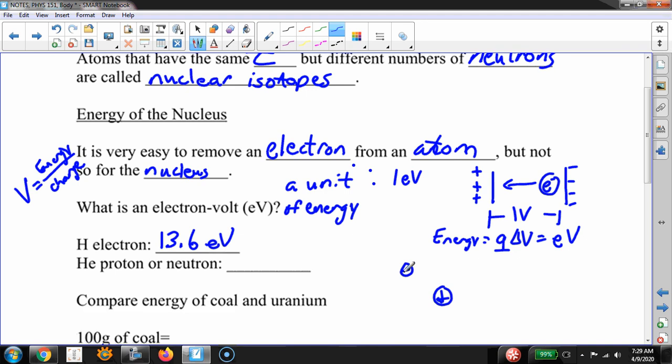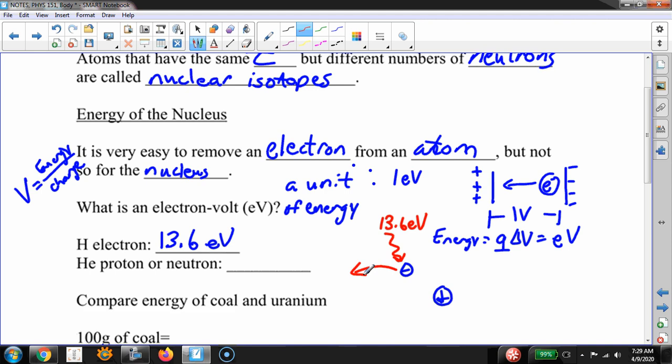In order to remove this electron from the atom, I have to give it radiation that has an energy of 13.6 eV. And when I do that, that electron will be ejected. It'll have enough energy to escape from the binding force of that proton.